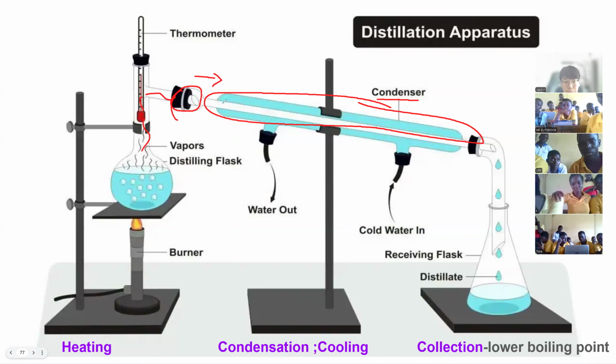So we have vapor going on in this funnel, but then it condenses into liquid now, because as it cools, vapor, gas turns into liquid. So the liquid alcohol goes down this condenser and finally is collected in this receiving flask.